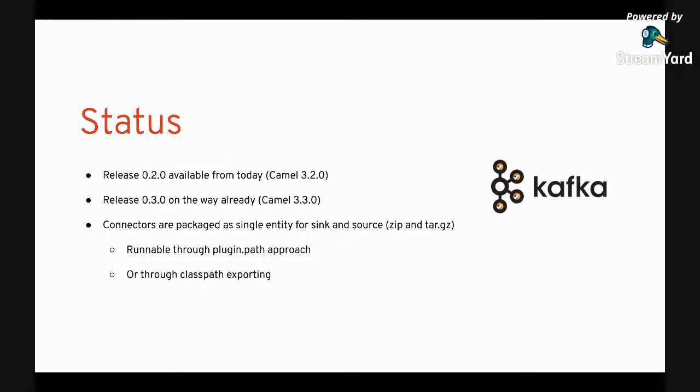One is to use the plugin path under your Kafka installation. This is something related to Kafka Connect. And the other way is to export the needed jar and all the stuff to your classpath and use that directly.